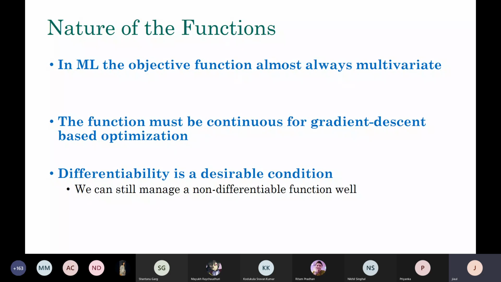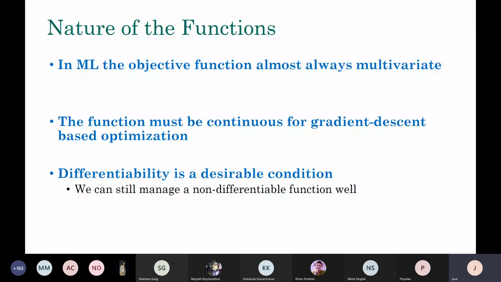And the property that we use is that the function has to be continuous for gradient descent. Okay? That is why you remember that we had considered the squared error instead of the absolute error. That was the reason, you want to make it continuous. Differentiability, because you are using differentiation, the derivative, to guide your optimization.